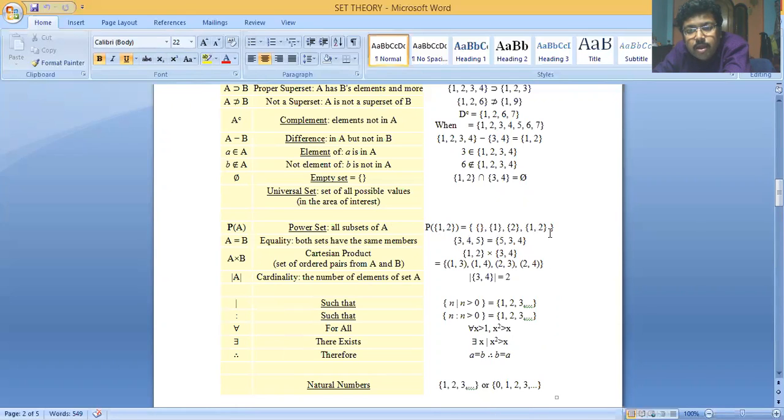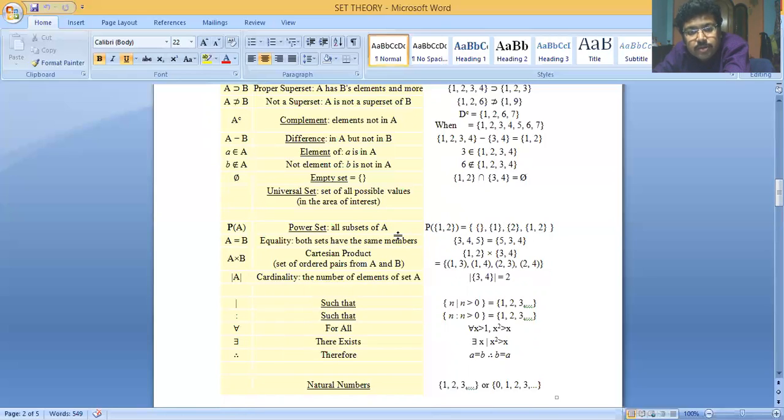And this is also a set, the null set, the set with 1, with 2, with 1 and 2. This is also a set, and {3, 4, 5}. So this is the power set.